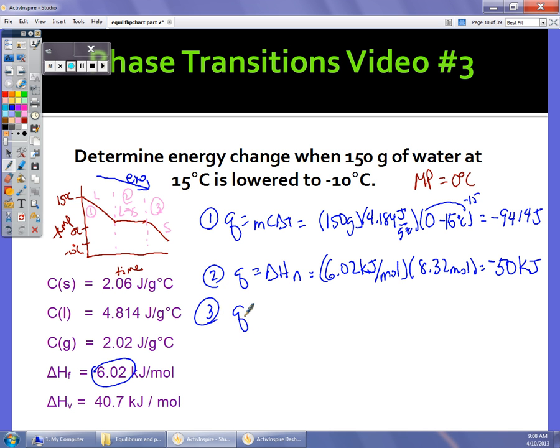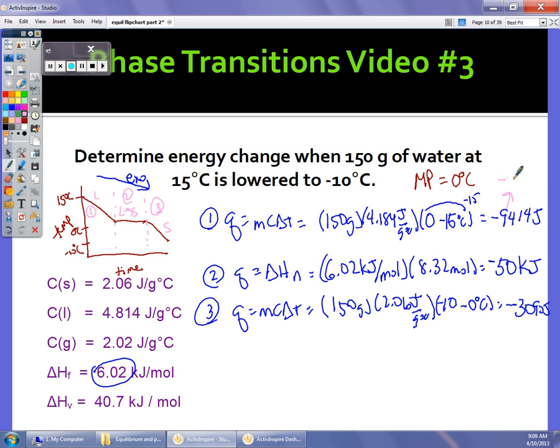And the third step, which is also a temperature change, but in the solid phase, gives me a negative value of 3090 joules. Now to find your overall value, you want to add these together, but notice the kilojoules here, so I need to convert the others into kilojoules.